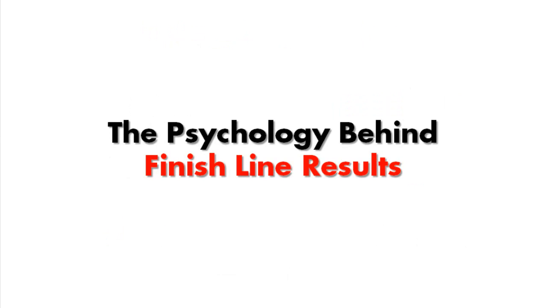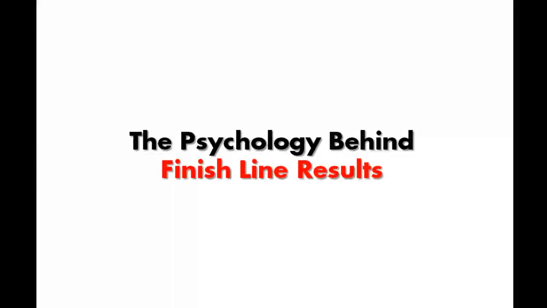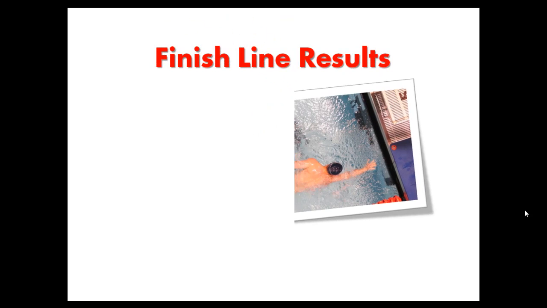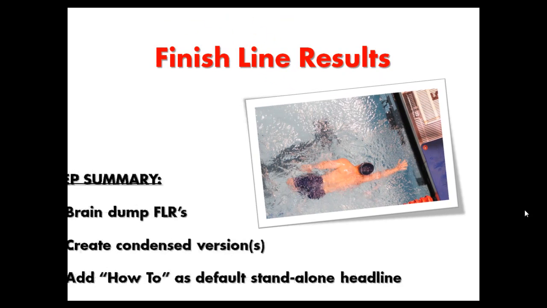Now, here's the psychology behind finish line results. The reason we are talking about your FLRs first is because all of the other ingredients and your headline will make no sense without the things that matter most for your audience, the result you have in store for them. From here, all other ingredients will exist to support your FLRs.